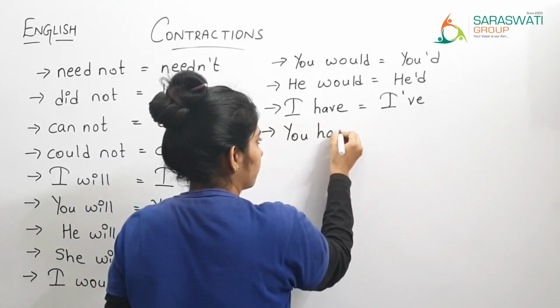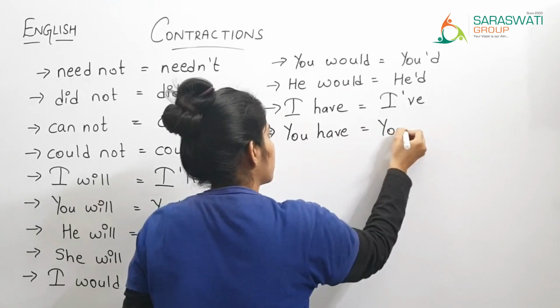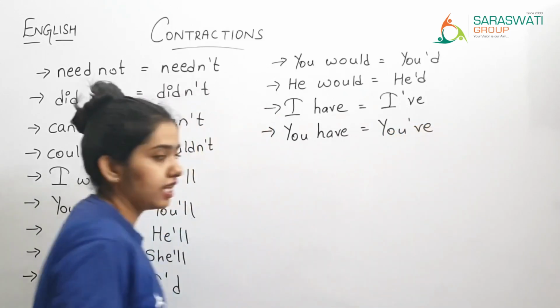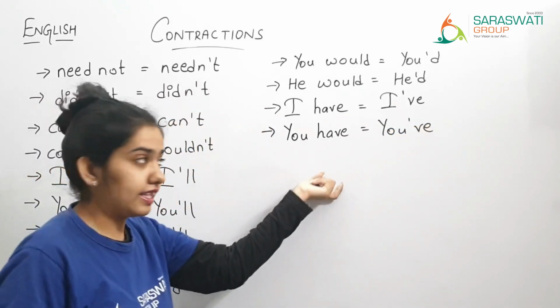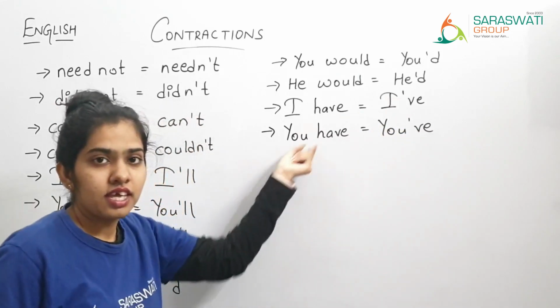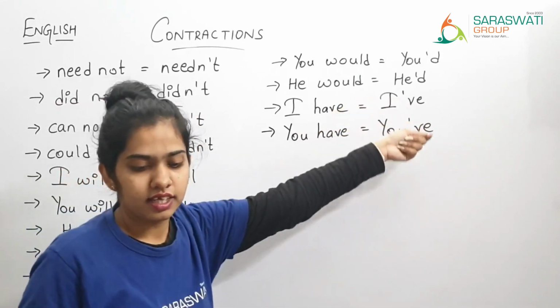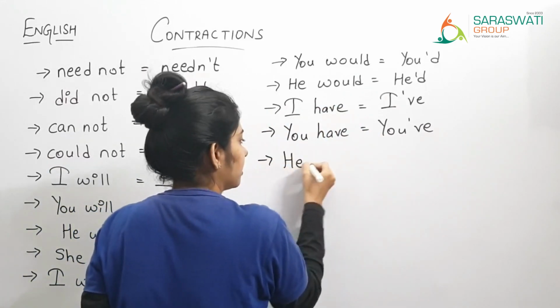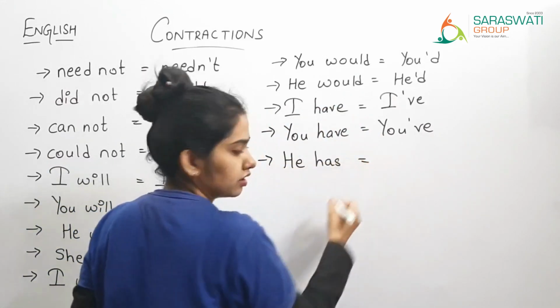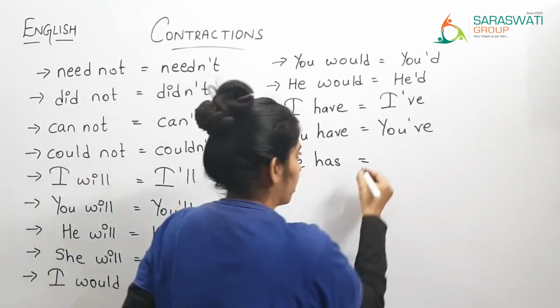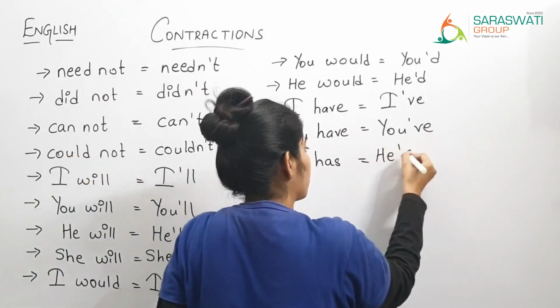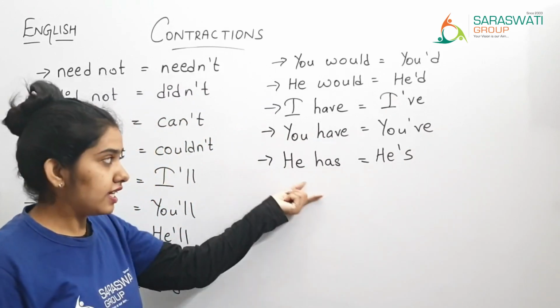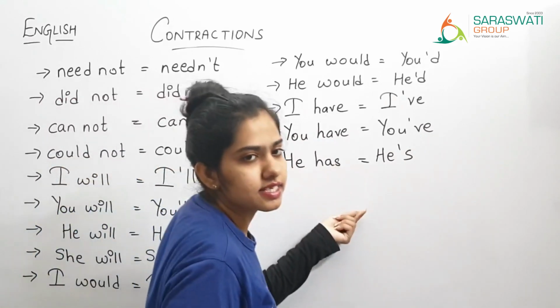You have: so you apostrophe V E. Right? They have: then they apostrophe V E. Then after that, he has. So he apostrophe S. He is and he has.